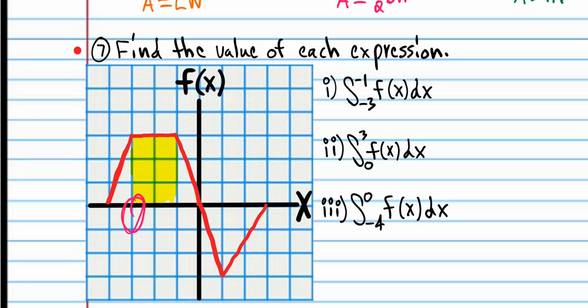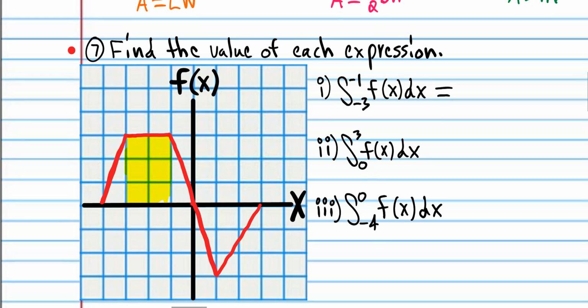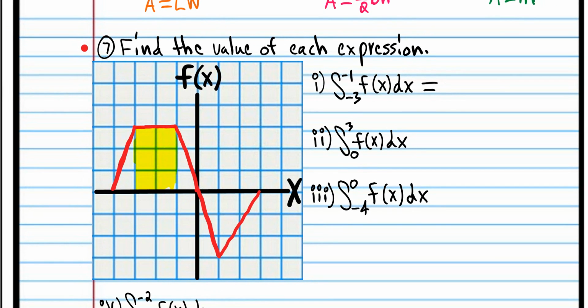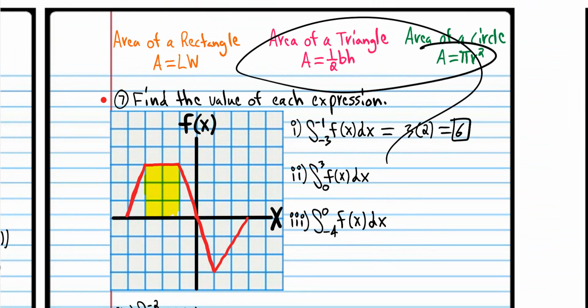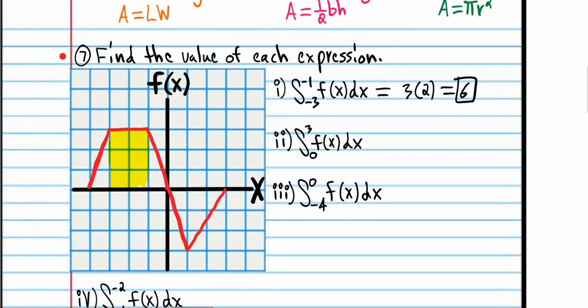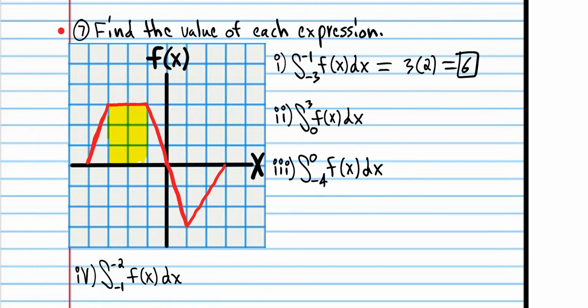Because this area is above the x-axis, the value of the integral is going to be positive. That's just the length of that rectangle times the width. So the value is 6. Again, you can use these formulas up here, but you really should have those formulas memorized by now.